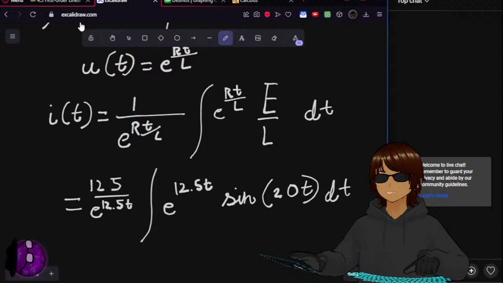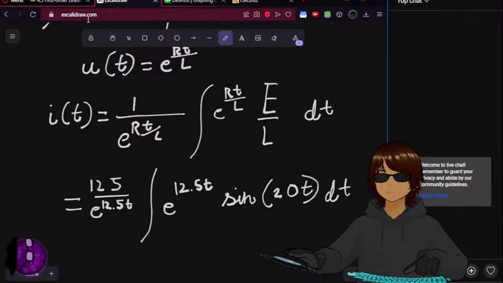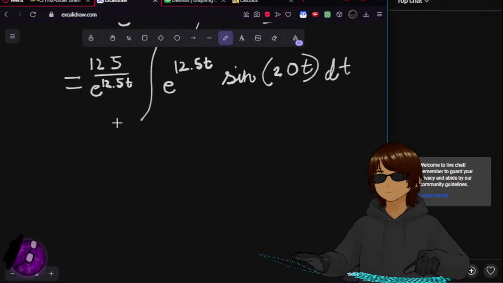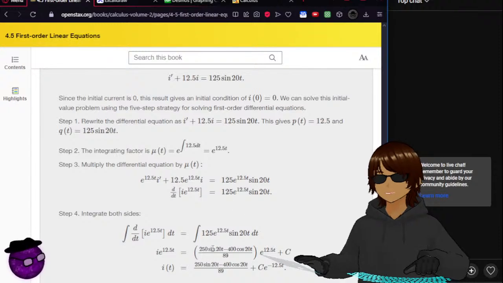But then what's the integration of this? How did they integrate this?